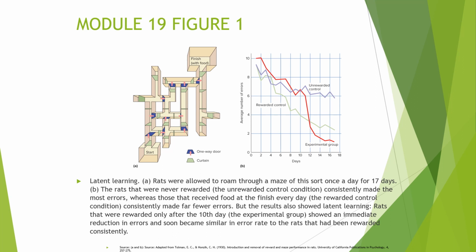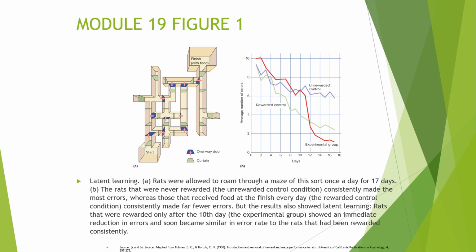The reinforced control got rewarded every single day. The experimental group got rewarded after 10 days. So you can see here on the 10th day, they then made far fewer errors. The unrewarded control group never got rewarded, and they made the most errors.